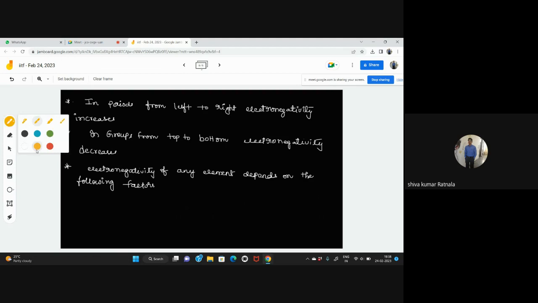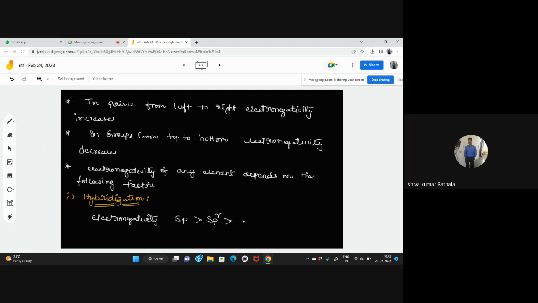The first one is hybridization. We have an idea about hybridization, we have discussed the types of hybridization and how to calculate them. Generally, in the electronegativity order, sp hybridization has more than sp2, and sp2 more than sp3.